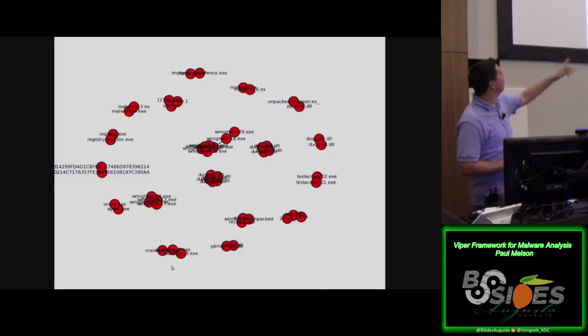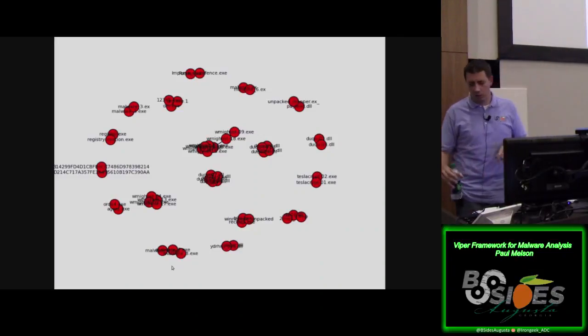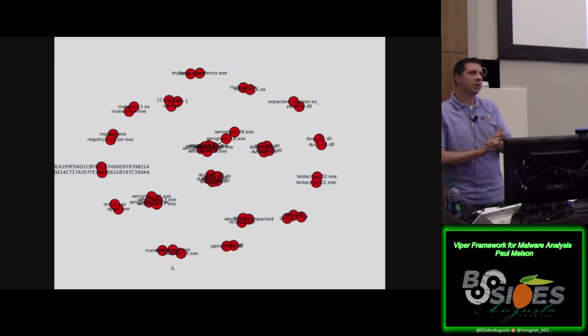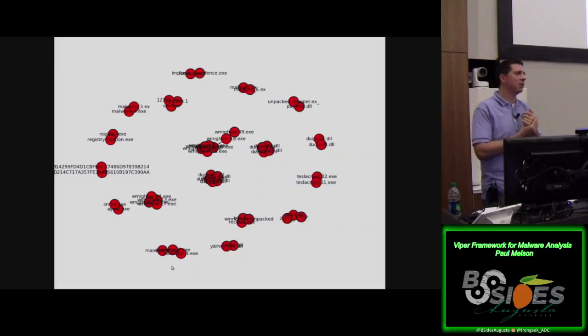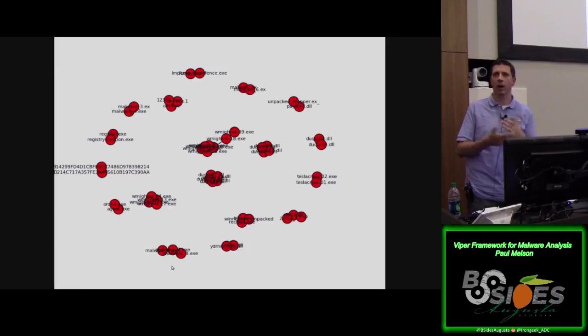There are definitely some where the lines get longer, meaning the weight is lower, so there's some relationship, but not necessarily a solid relationship, suggesting that there might be some code reuse going on. So anyway, a quick and dirty way to get an idea of whether or not items in a particular repo are related to each other using, in this case, fuzzy hash.